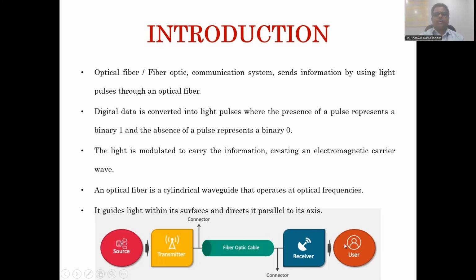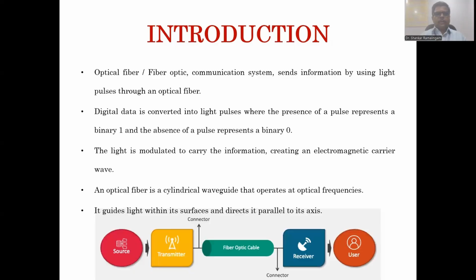This is how our optical fiber cable plays an important role in our communication. That is why this communication is referred to as optical fiber communication or fiber optic communication. Of course, this includes transmitter and receiver. Thus, it's a system where our communication is going to happen because of our optical signal.